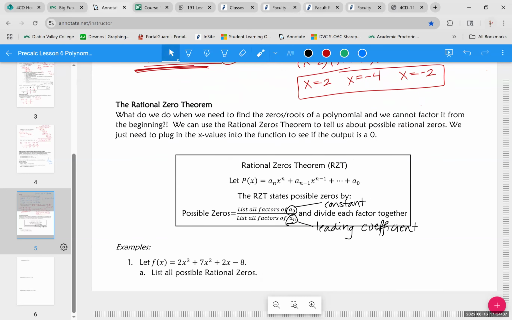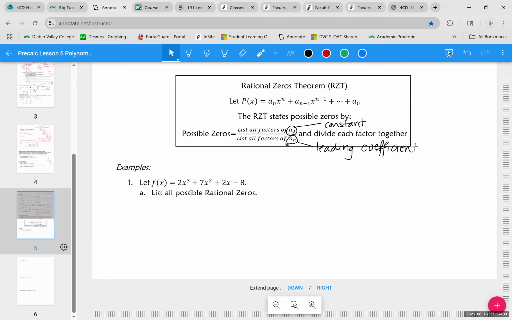So let's try it. Example 1. Here is my function, f of x equals 2x cubed plus 7x squared plus 2x minus 8, and I'm going to list all the possible rational zeros. So the constant, which is on top, would have 1, 2, 4, and 8.